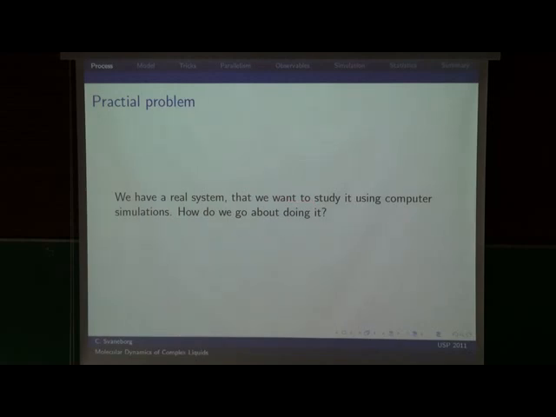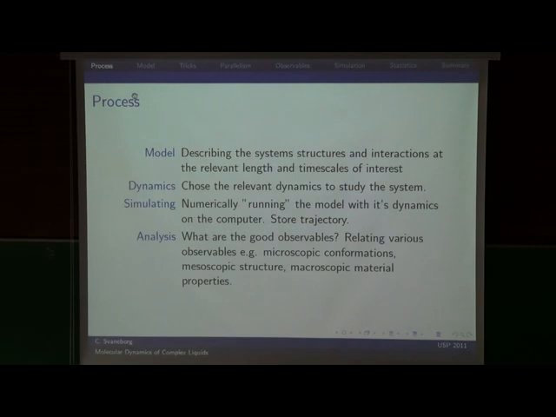What do we do? Well, this is the problem that you are facing before you start doing any science with computer simulations. And there are a number of steps you have to go through. You have to make a model. I'm assuming that you have some physical system that you want to simulate, but you need to make a model of that system that describes its structures and their interactions and the relevant length and time scales that you will be interested in.